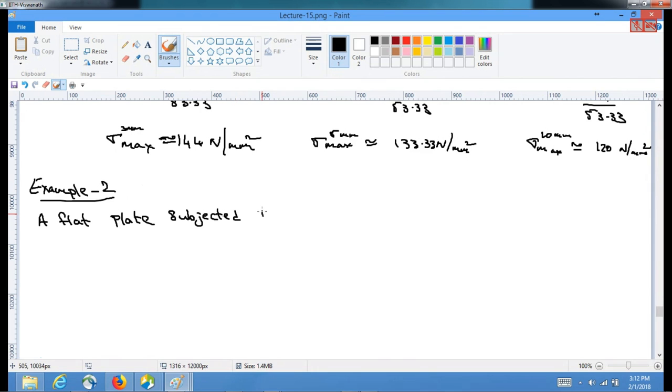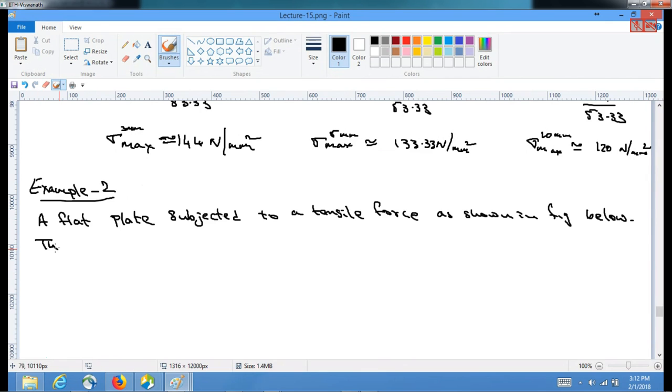Subjected to a tensile force as shown in the figure below. We'll draw the figure.